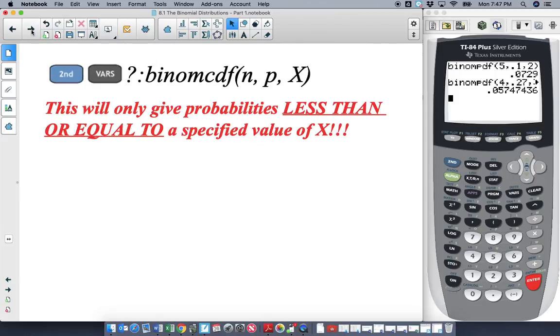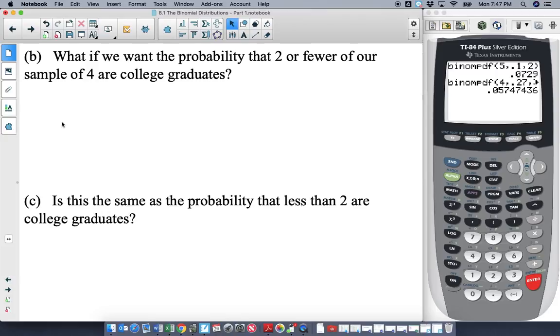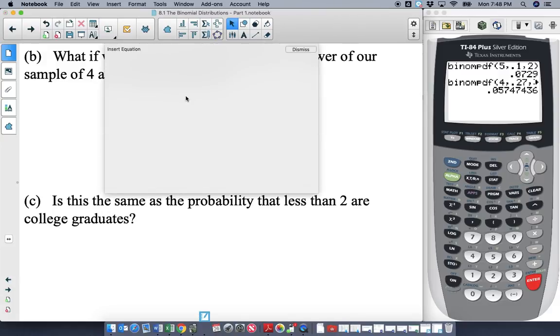So let's look at number 4, part B. Same situation with probability of college graduates from all the adults in the U.S. And again, we have 4 in our sample, and the probability of success is 0.27. So if we want to look at the probability that 2 or fewer of our sample of 4 are college graduates, then here's what I would be looking at.